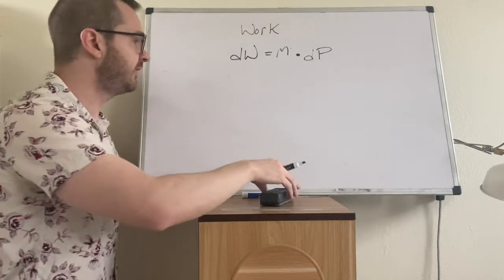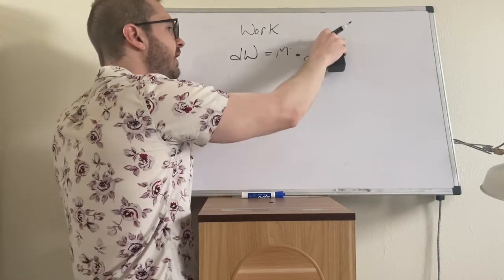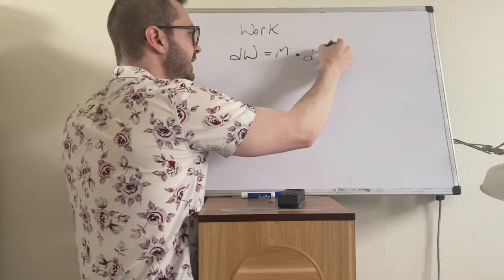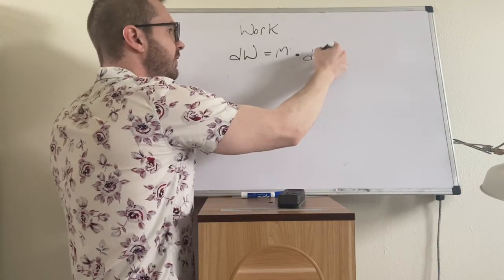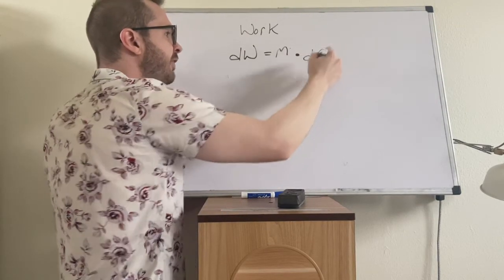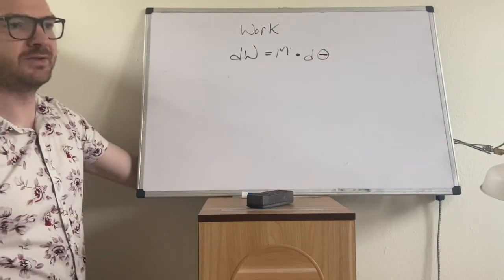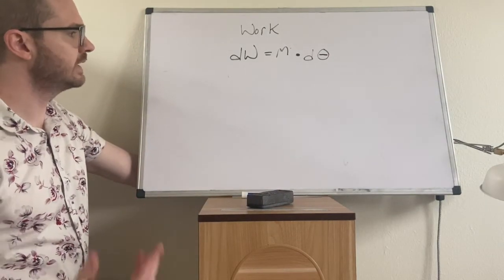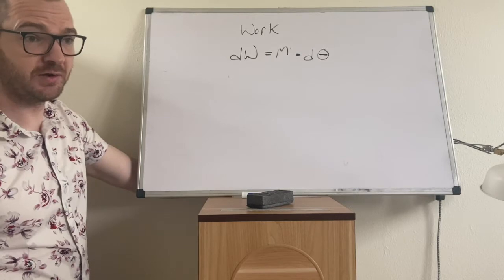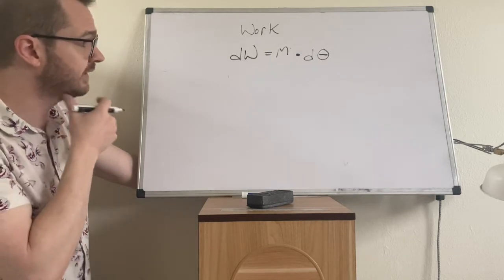So it is your moments dotted with, and now it's not a change in position, now it is a change in orientation. So we're going to use an angle theta to designate the orientation of the body. We can actually follow the same procedure that we did last time.